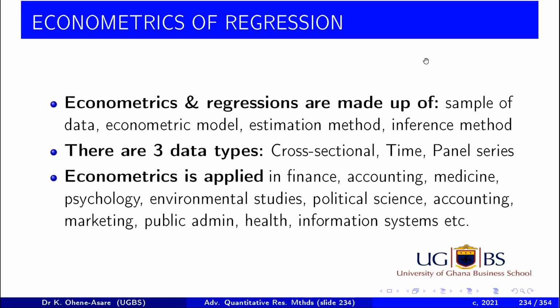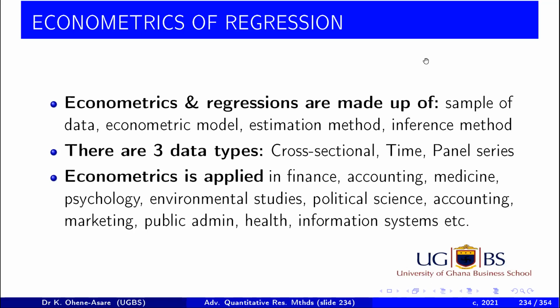Econometrics, as I indicated, has been applied in several areas: finance, accounting, medicine, psychology. They apply regression and econometrics. Environmental studies, political science, accounting, marketing, public administration, health, information systems. You will apply this in every aspect. So it's not for economists. It's not for financial economists. It's not for mathematicians or statisticians or accountants.